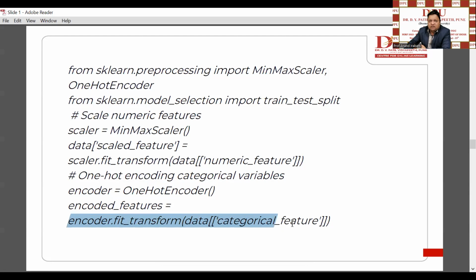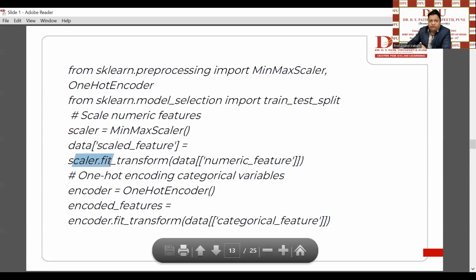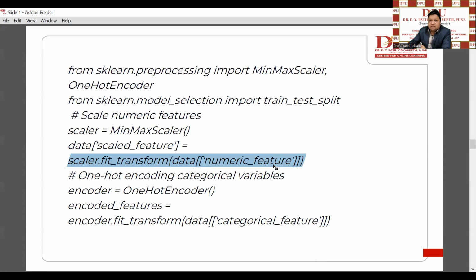This will convert the categorical values into numerical ones, and this scalar dot fit_transform on data numeric features means what? Here I need to specify the column names for which I want to bring the data set into the same scale, a standard scale.